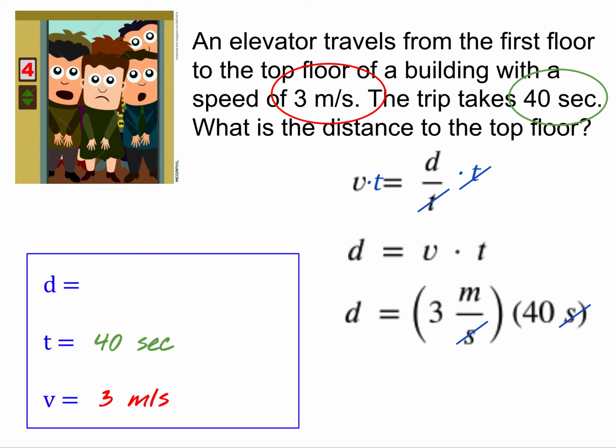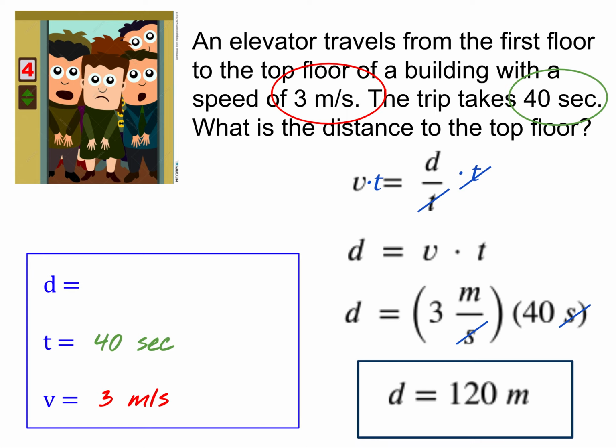Then when we enter in our values of 3 meters per second times 40 seconds, the seconds cancel out. That helps us recognize that we've done the problem correctly, and we just do the math that we see. 3 times 40 is 120 meters.